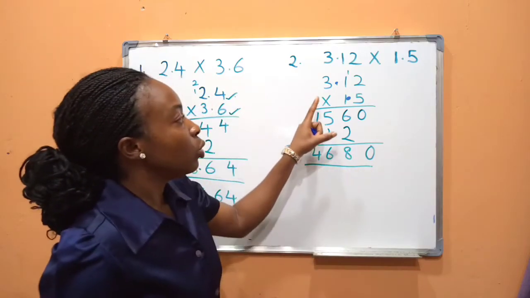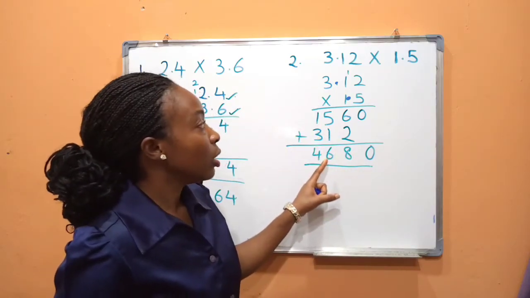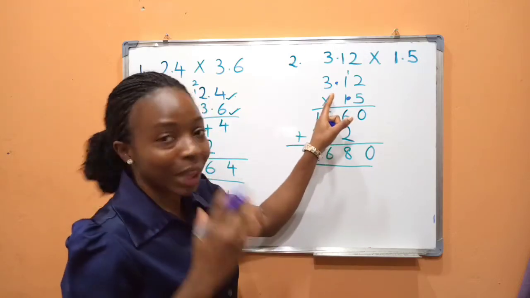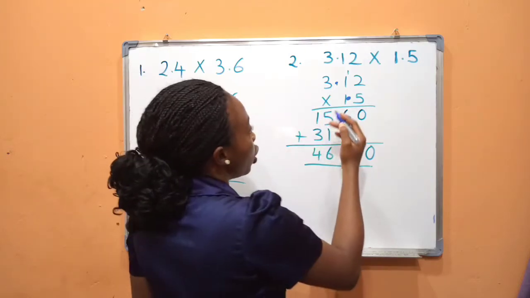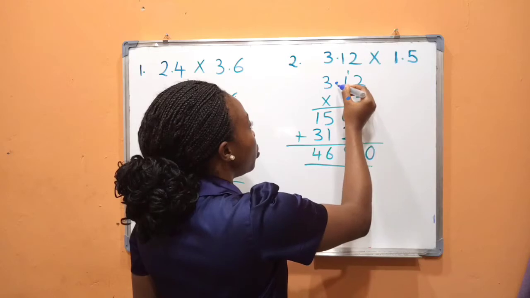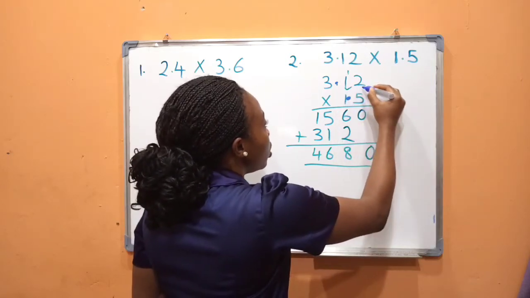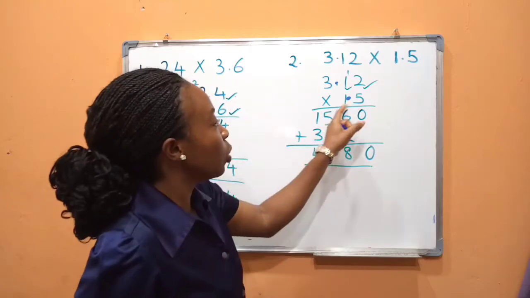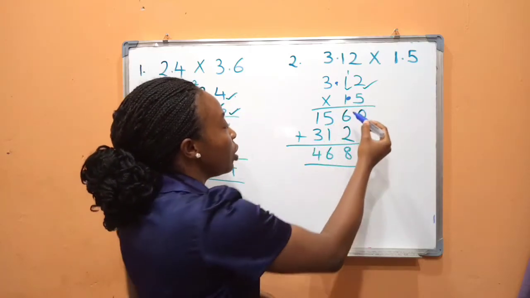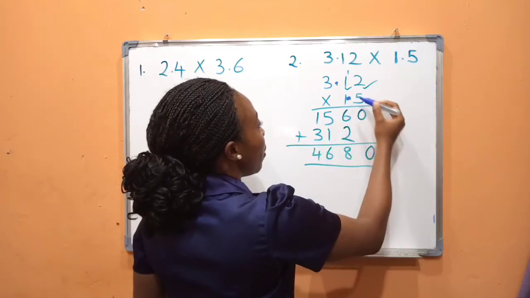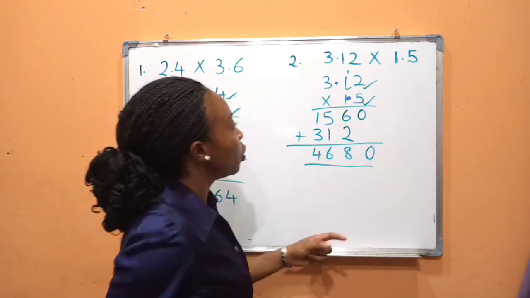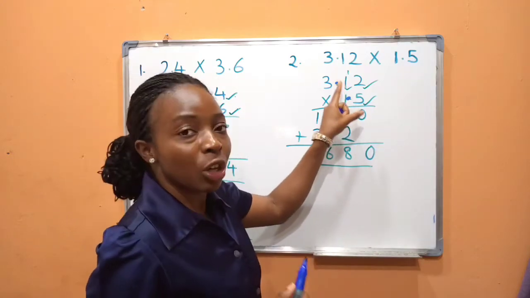Always do the multiplication first, then consider the point last, okay? Here is what we are going to do. How many numbers do we have after this decimal point? We have 1, 2. Then look at the 1.5. How many numbers do we have after the decimal point? We have 1. So in a total, how many numbers do we have?